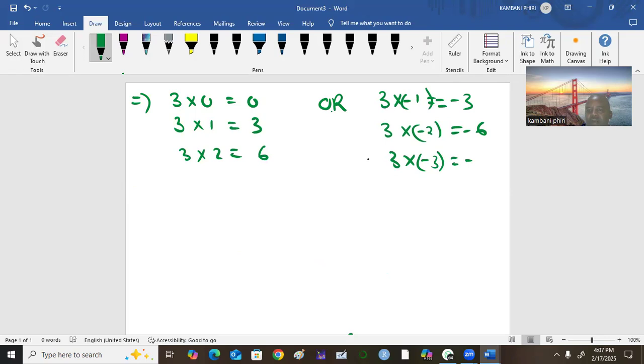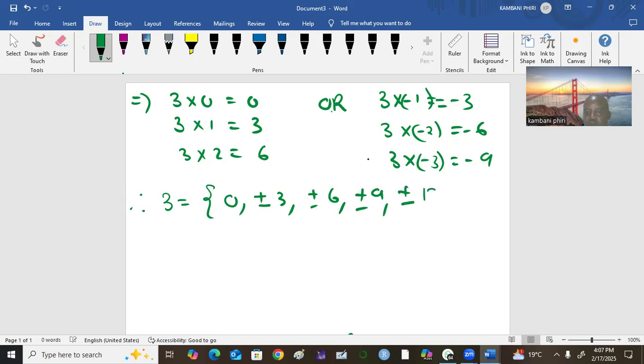So therefore, you see that the multiples of 3 start from what? 0, plus or minus 3, plus or minus 6, plus or minus 9, plus or minus 12, up to infinity, both negative infinity and positive infinity.